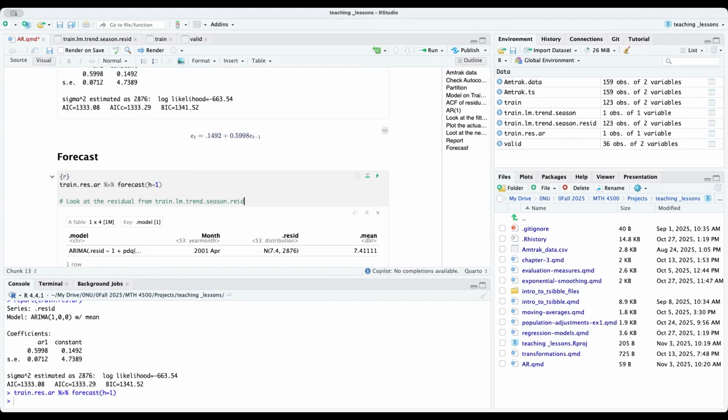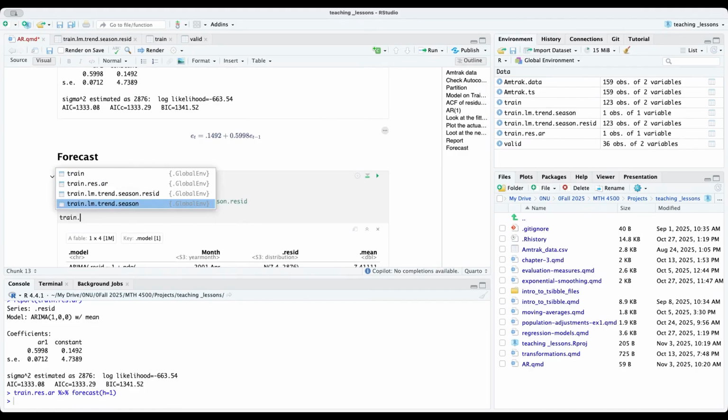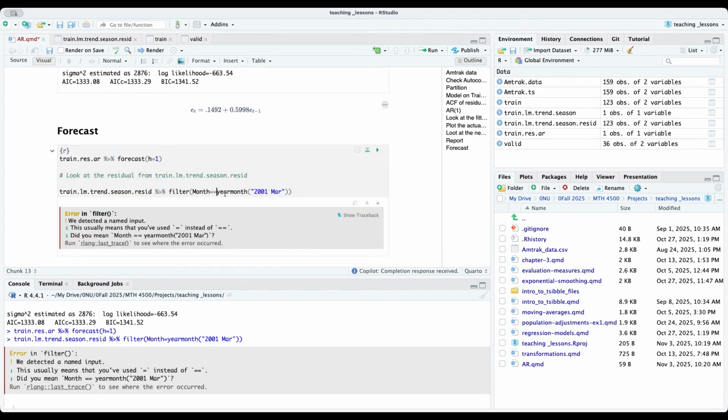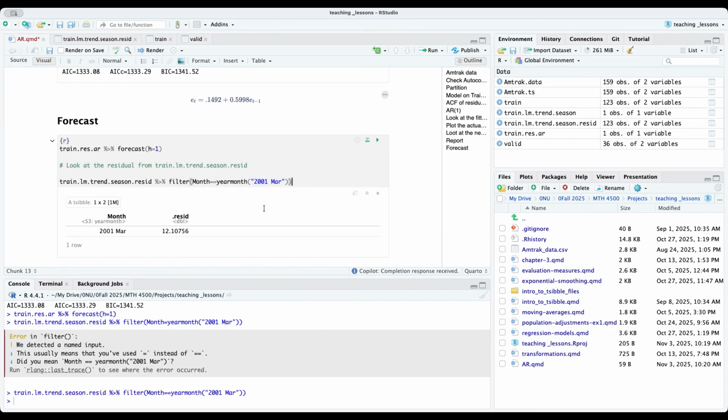Let's go to trend.residual and filter to look at just one piece: year month, in this case, 2001 March. So this is the residual of the original data set in March 2001.